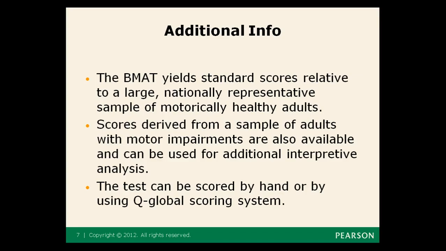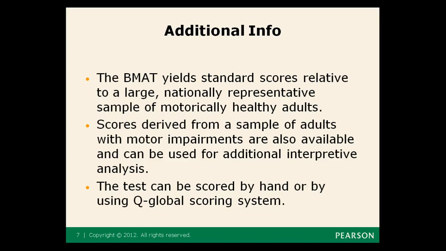This is going to be very helpful because not only are we going to be able to determine whether or not an adult's abilities are impaired overall, we're also going to be able to see how much they're impaired, a level or degree of impairment compared to others who have an impairment in motor abilities. That adds additional interpretive analysis to this test, and I'm going to get to that as we go along.